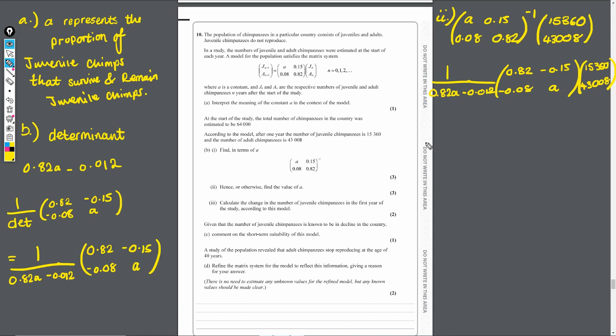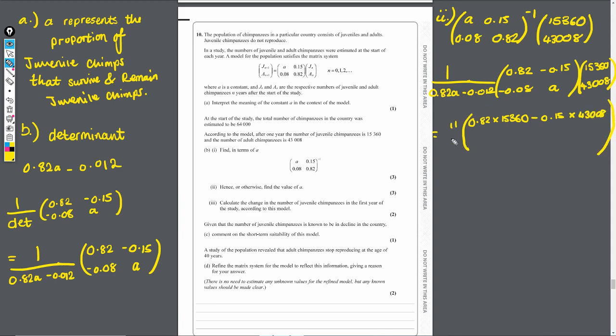What I'm going to do now is multiply across here, and we'll keep this 1 over on the outside for now. I've already done the calculations ahead of time, but I'll write them down anyway, so it makes it clear. In the brackets, it's going to be 0.82 times 15,360, minus 0.15 times 43,008.